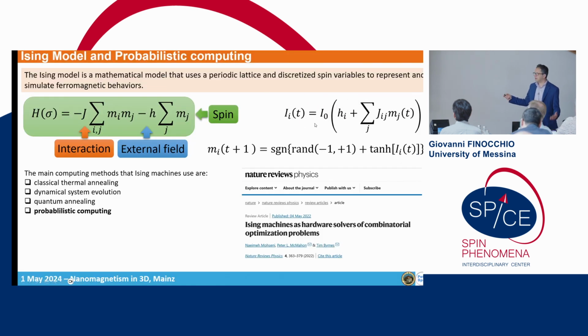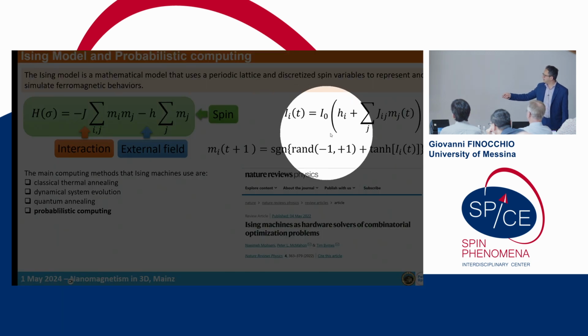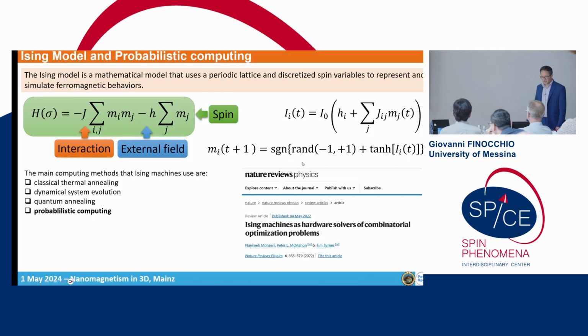So you have all the neurons, all the spins, which are weighted somehow. Then a nonlinearity is applied, you also apply some randomness, and then you binarize using this sign function. So this is a very hardware-friendly approach, because you have binary variables and MAC operations, which are very, very hardware-friendly.